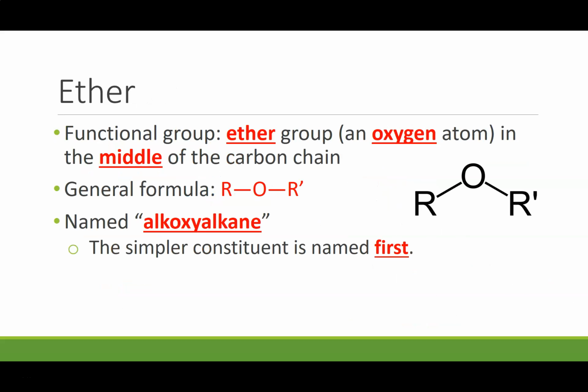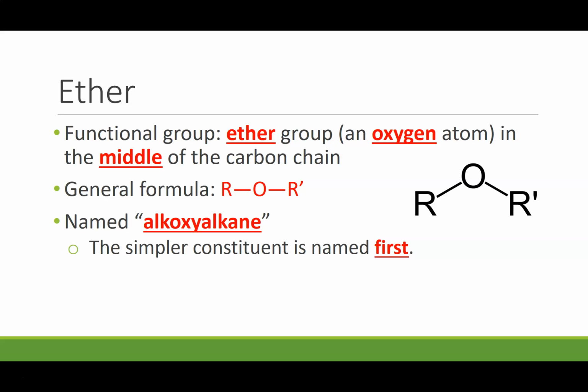Our next functional group is the ether group, which is an oxygen atom separating 2 hydrocarbon chains. The general formula for an ether is ROR', where R is a hydrocarbon chain, and R' is another hydrocarbon chain.